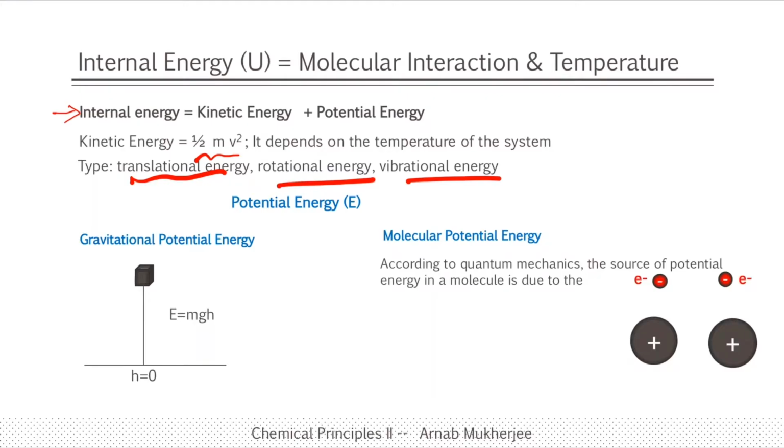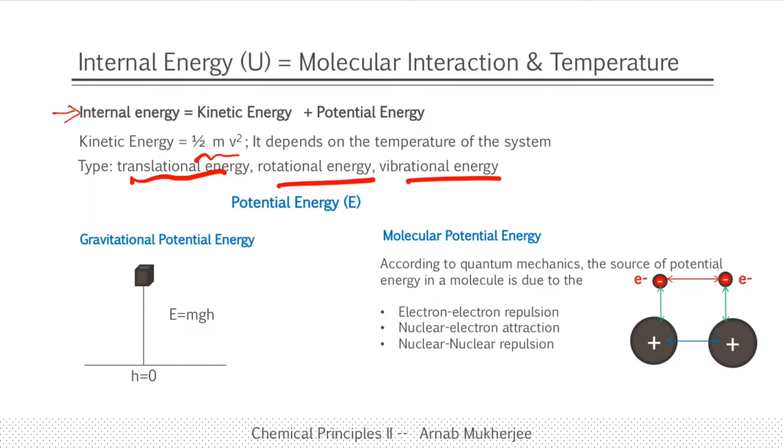The origin of that potential energy comes from quantum mechanics, which says that every system is constituted of atoms, and every atom is constituted of electrons and protons, and there is electron repulsion, nuclear electron attraction, and nuclear repulsion.